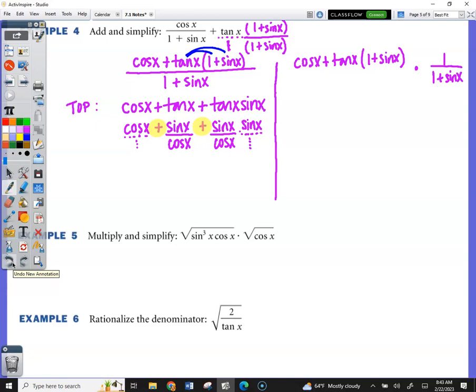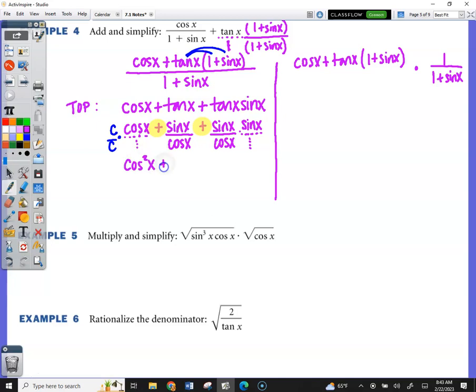Now here's where you might be getting lost, and this is where there's a technique where you say to yourself, okay, I'm going to multiply this by cosine over cosine. You don't write the whole thing out because you're just multiplying by a fancy 1. And then this would become cosine squared.